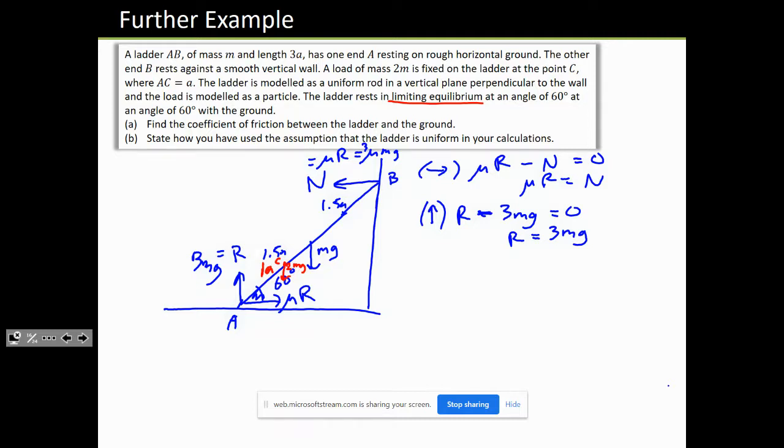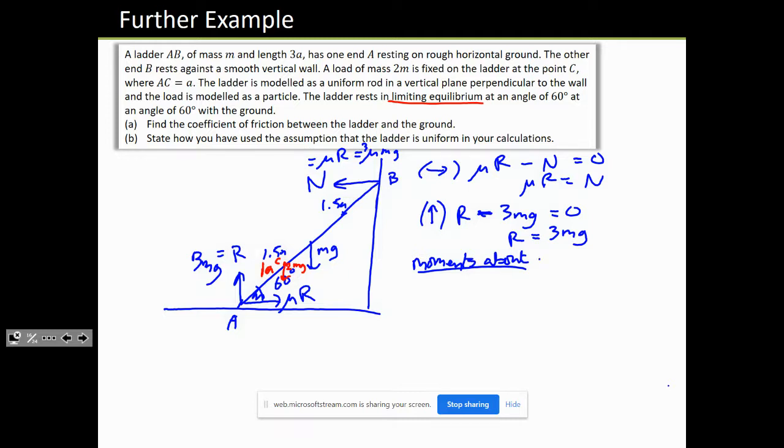So if I think about moments about, and I'm specifically going to choose moments about A, because then I can ignore 2 of my forces, and it just makes it generally easier. Let's just do moments about A, because then I can get rid of my R and my mu R. I can just focus on my weight, the mass that's at C, and the normal reaction from the wall.